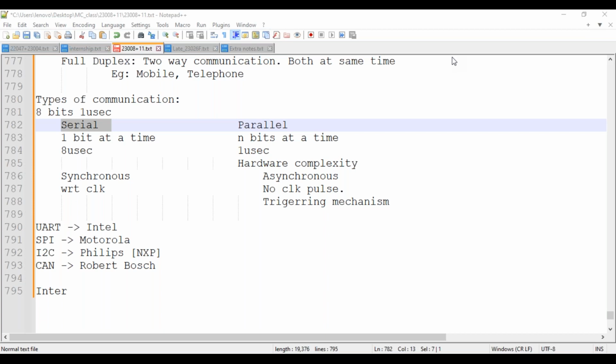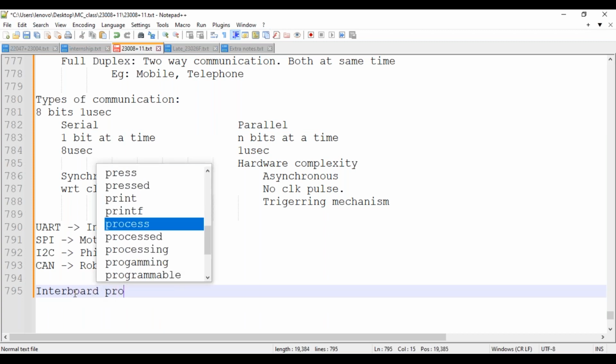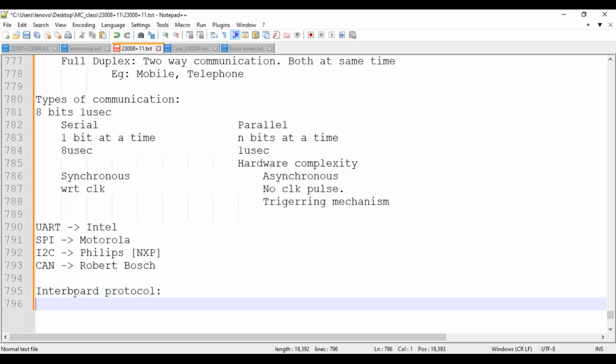One last thing, theoretically, with respect to communication protocols, we have a category called interboard protocol and intraboard protocol.